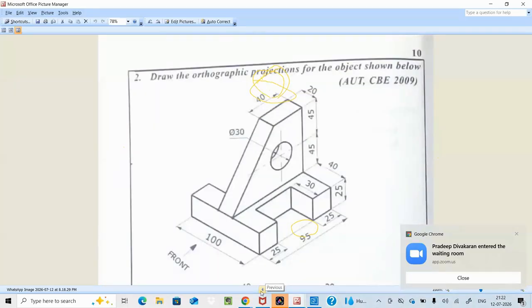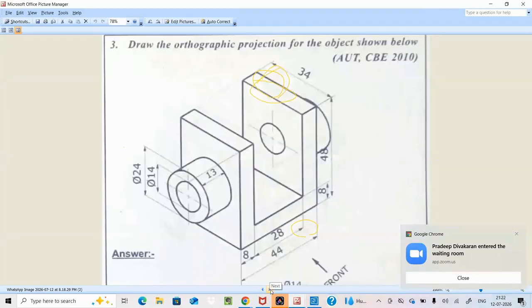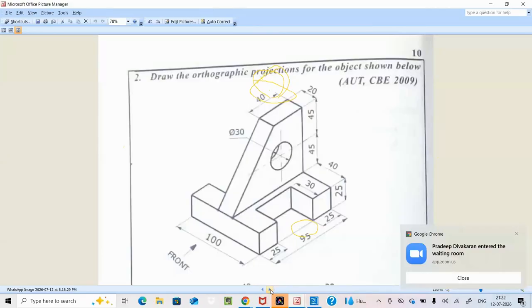Okay, fine, sir. So anyway, I'll share a few drawings so that you can have practice, sir. Other than that, any doubts in this orthographic projection, the front view, the top view and the side view? The only difference here is, in most drawings the front view was on this particular side, and in a few drawings the front view will be given here. So what will the side view be here, sir? It will be your right side view, not your left side view.